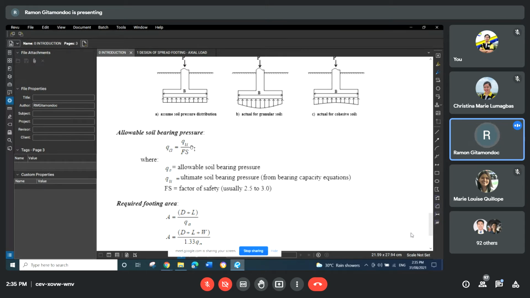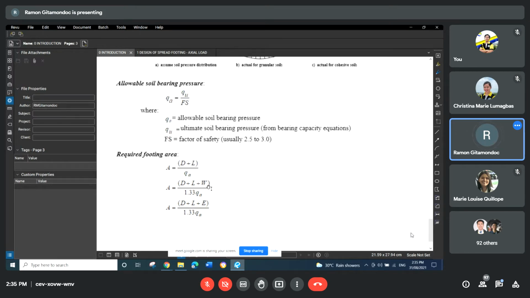Now, in determining the required footing area, we have here basic equations from strength of materials. You have the bearing stress formula: the bearing stress is equal to the load divided by the bearing area. If you solve for the area, then it will be the load divided by the allowable bearing stress. We have to consider several load combinations. For dead plus live, divide that by the allowable soil bearing capacity.